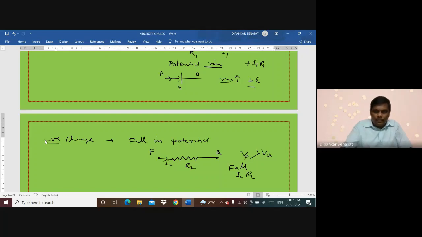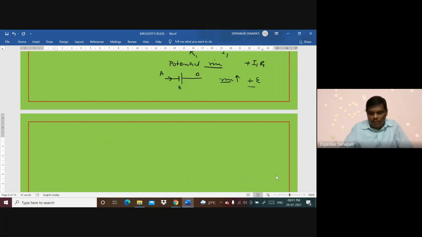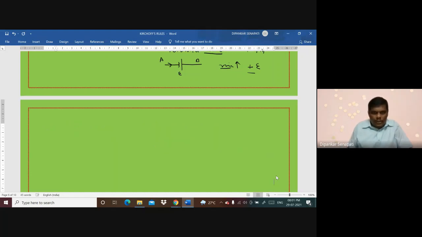Similarly, I already told you what rise of potential is. If this is R2 and this is I2, then this is a fall in potential, so we will assign a negative sign: I2 R2.